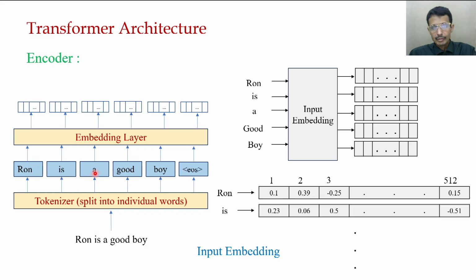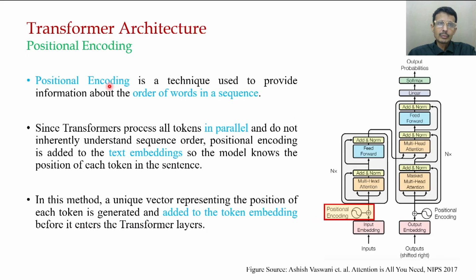But for a meaningful sentence, this positional understanding is very important. So what do we do in positional encoding? Since the transformer processes all the tokens in parallel and does not inherently understand the sequence order, positional encoding is added to the text embedding so that the model knows the position of each token in the sentence.